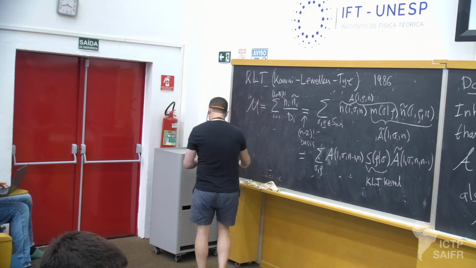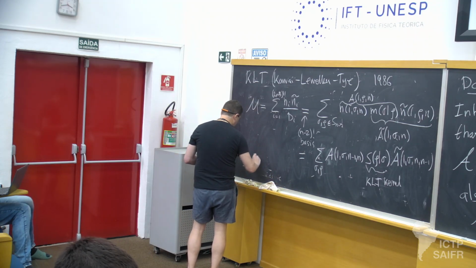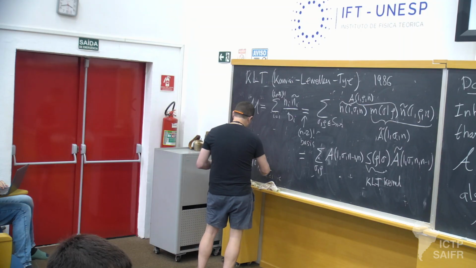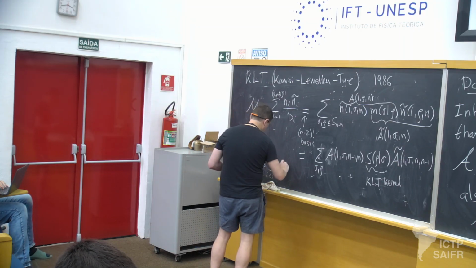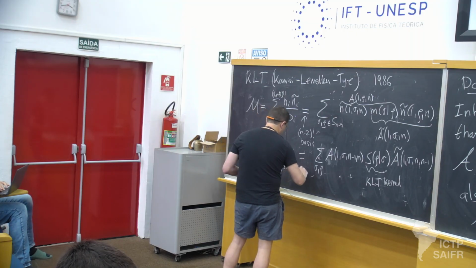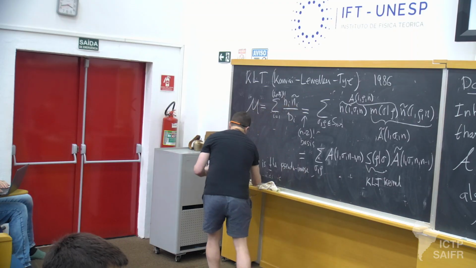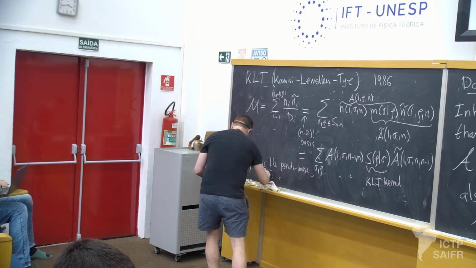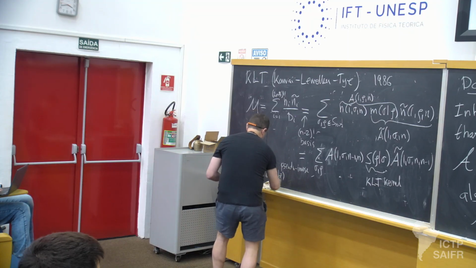So let me write it over here: S(rho, sigma) is the pseudo inverse of this propagator matrix M(sigma, rho).